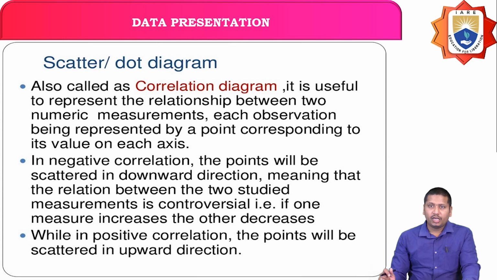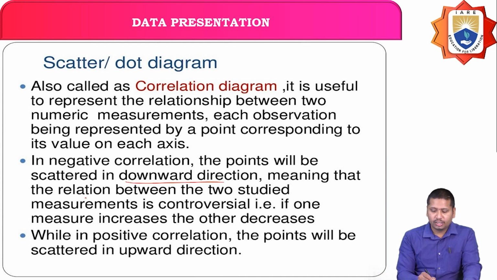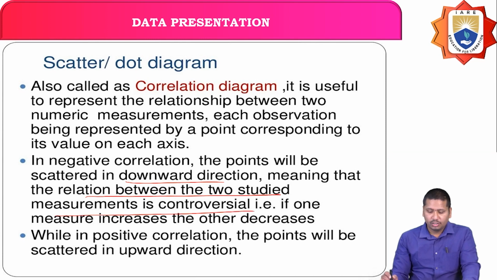In negative correlation, the points go in a downward direction, meaning the relation between the two studied measures is inverse: if one measure increases, the other decreases.